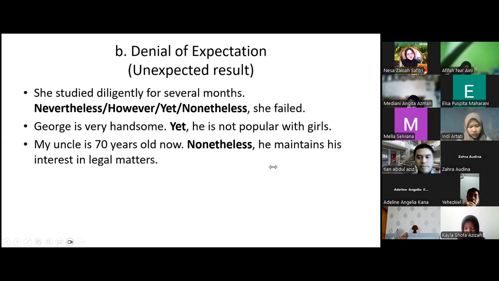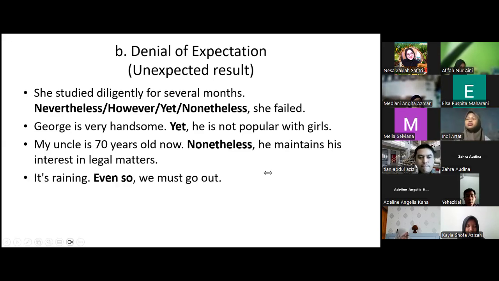He maintains his interest in legal matters. He still works on his interest about law, about formal things.